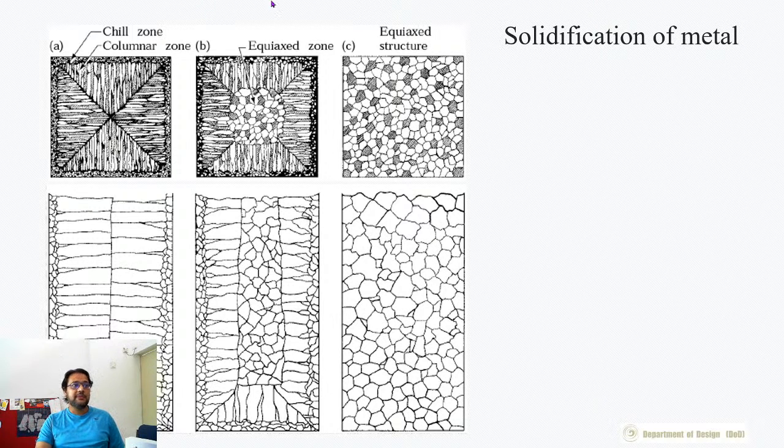What happens is that you will get this kind of a grain arrangement internally. So you will have the outer layer cool down very quickly. If you have baked bread at home, you will see what happens.